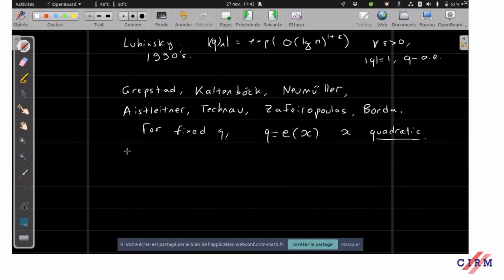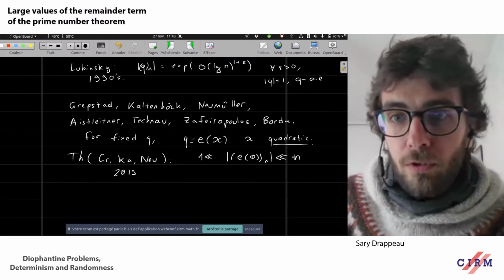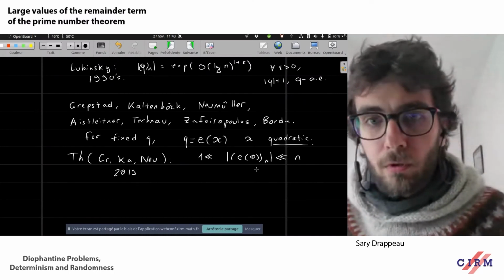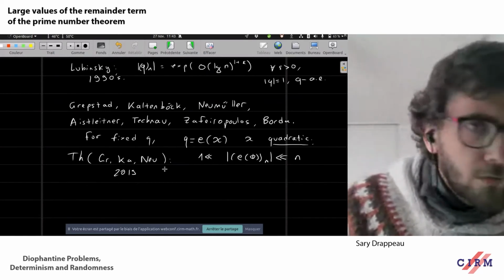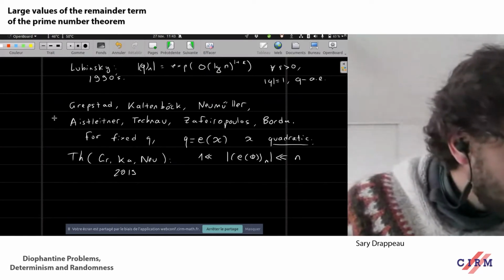So for instance, a theorem of Grepstad, Kaltenbach, and Neumüller from 2019 is the following: the q-Pochhammer symbol at the golden ratio is bounded below by 1 and upper bounded by n. And this was open since, it's a question which was asked by at least Lubinsky, but from before.